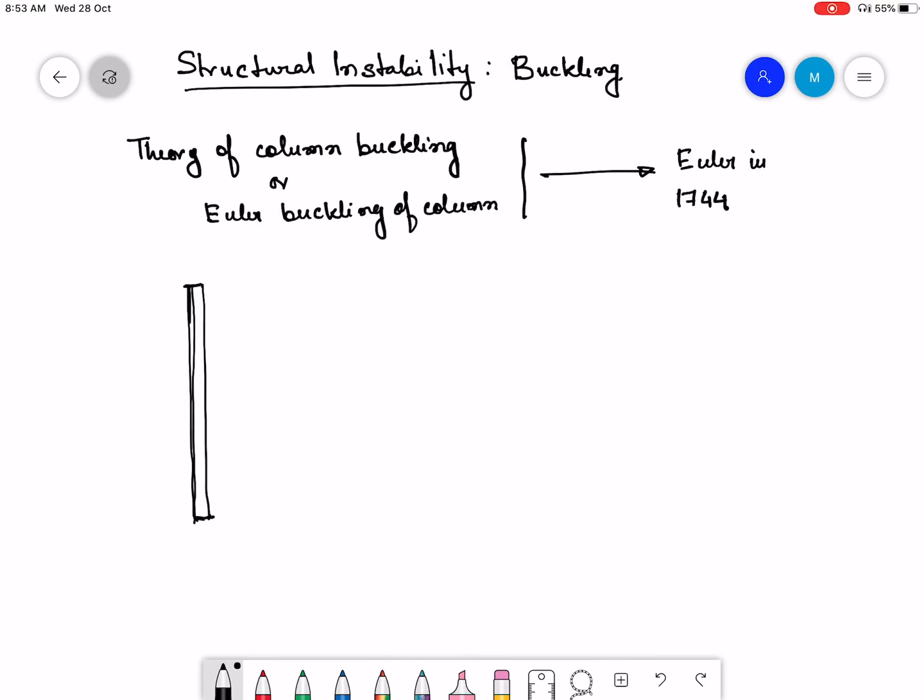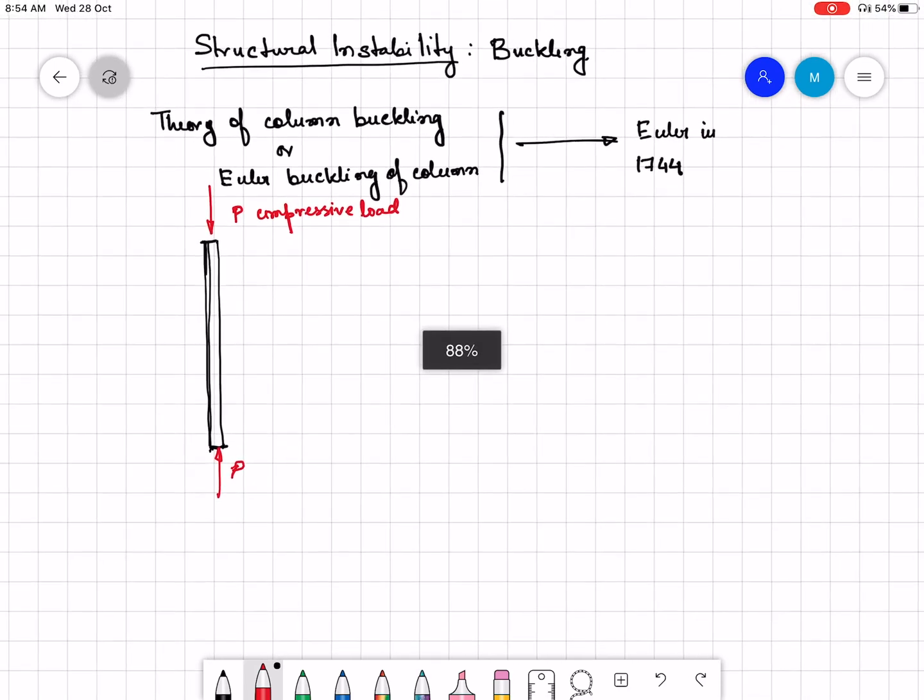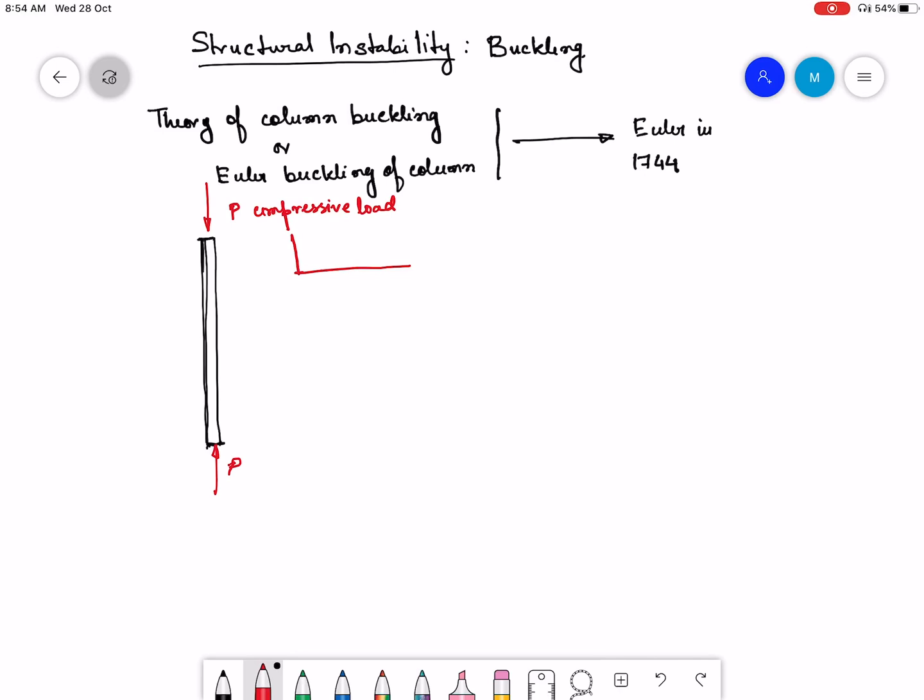If I take a slender column and apply compressive load P, okay, so this is P, which is a compressive load, and we keep increasing this P. So when P reaches a critical value, then this column buckles or undergoes large deformation in an undetermined direction. Okay. And that is called buckling.